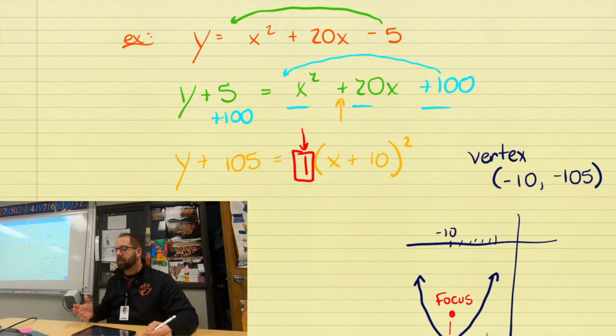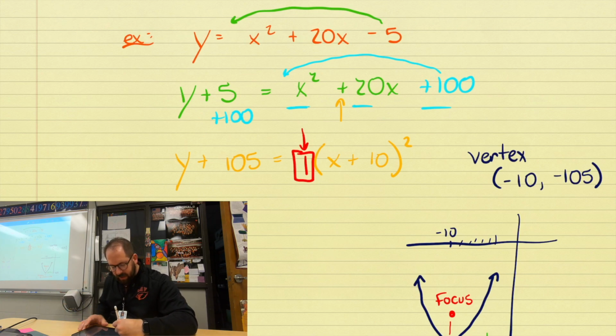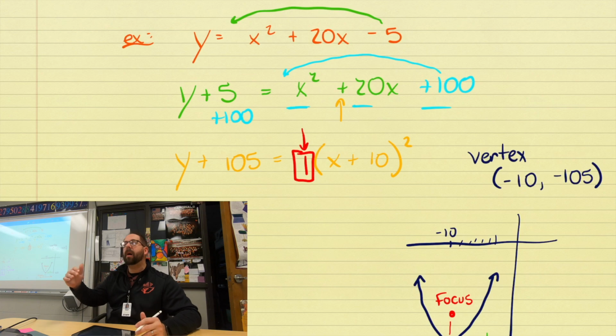This is where the algebra 1 comes in. You'd multiply the 4c across. So 4c times 1 is 4c, and you divide by 4, and my c turns out to be 1/4. And this is that distance. This is that distance to the focus. So we're going 1/4 up and 1/4 down. And so that's how it's always going to work today.